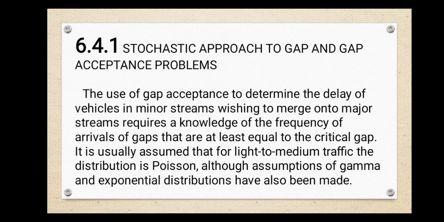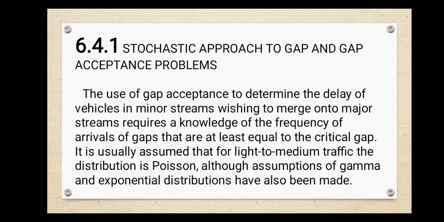6.4.1 Stochastic approach to gap and gap acceptance problems. The use of gap acceptance to determine the delay of vehicles in minor streams wishing to merge onto major streams requires a knowledge of the frequency of arrivals of gaps that are at least equal to the critical gap.